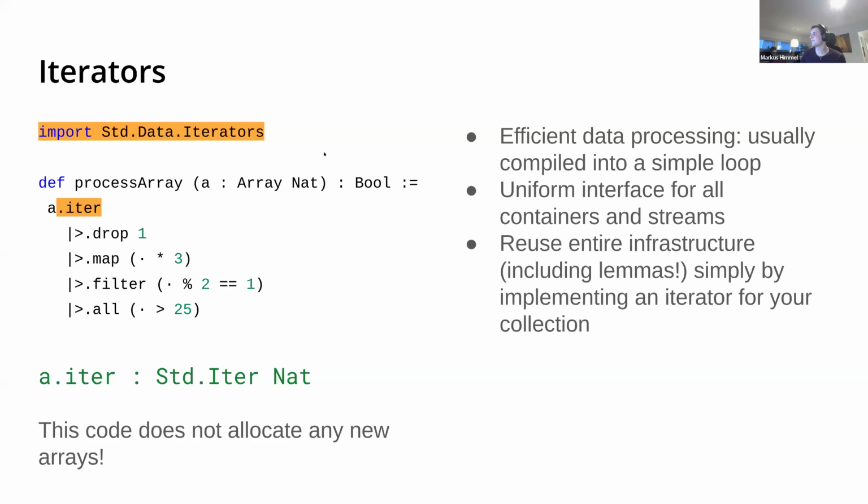And especially if you're implementing your own collections or streams or containers, you simply have to return a Std.Iter, and you immediately get access to this entire infrastructure that is now part of the standard library for manipulating data. And this includes a long list of lemmas.